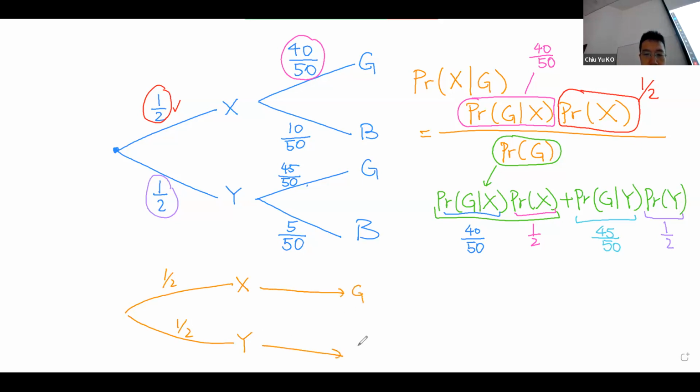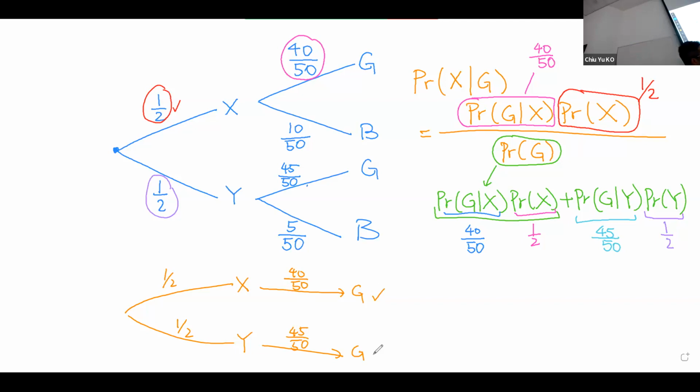Only G had happened, so we know this is going to be true. So basically, we're asking how likely this happened over the other. That means I have this over the sum of the two. That would be the other way to think about the problem.